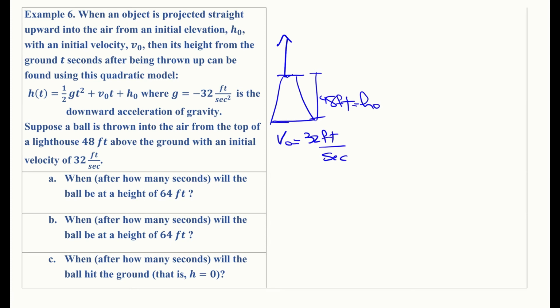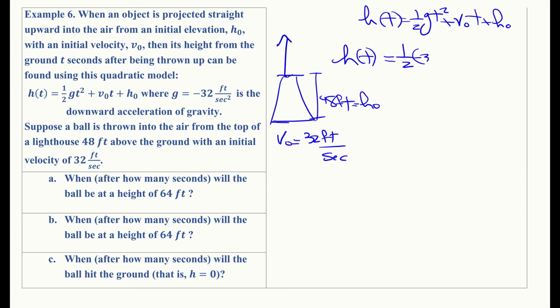So basically, this formula h of t equals 1/2 gt squared plus v0 t plus h0 is going to turn into h of t equals 1/2. Remember, g is -32, t squared plus v0, which is 32.